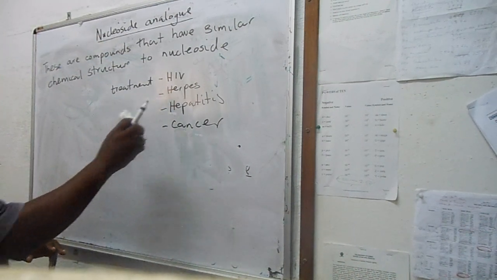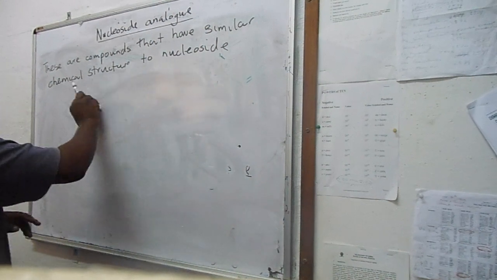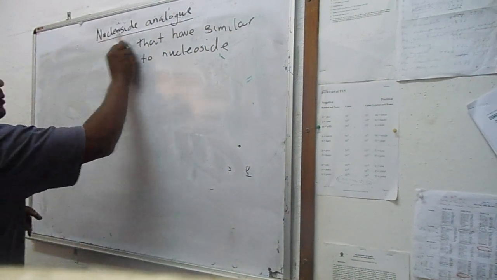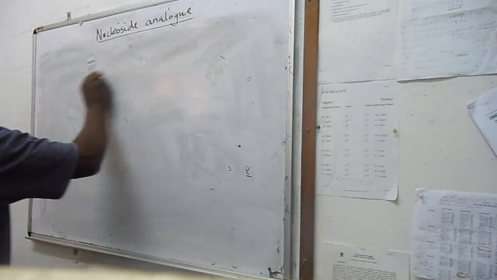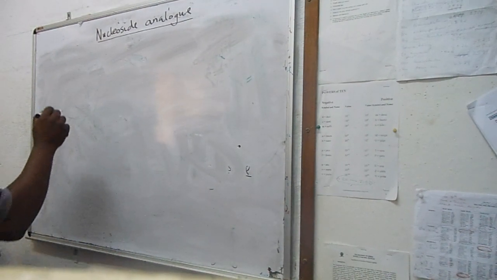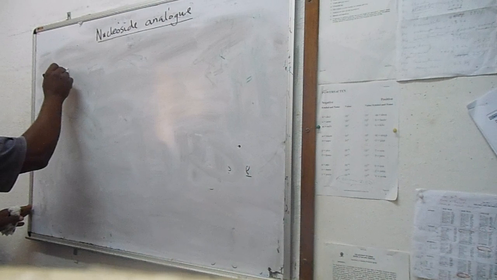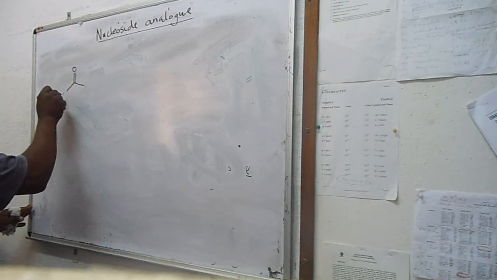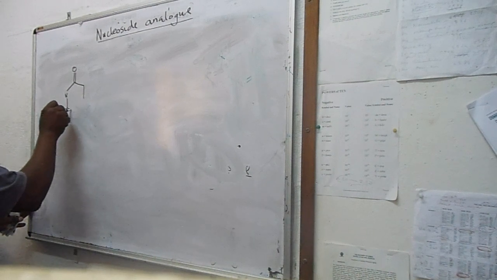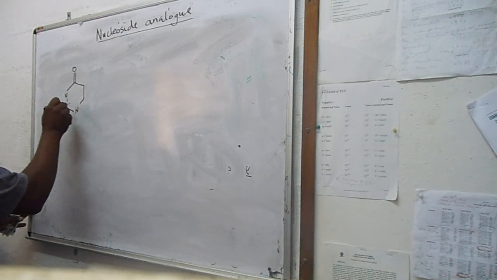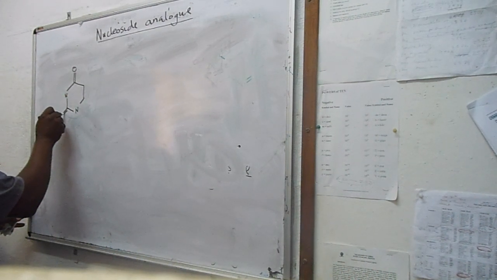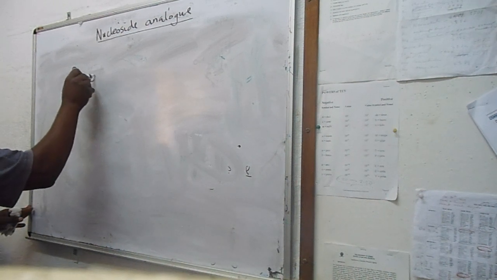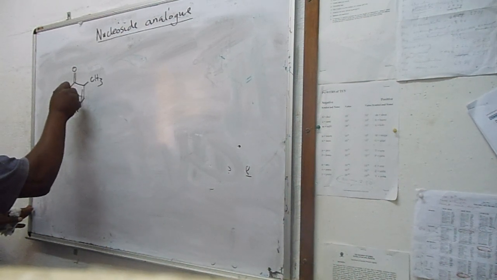So let's look at a few examples of nucleoside analogues. I can start with thymine. I'll write thymine first. This is your thymine. We have looked at it already.